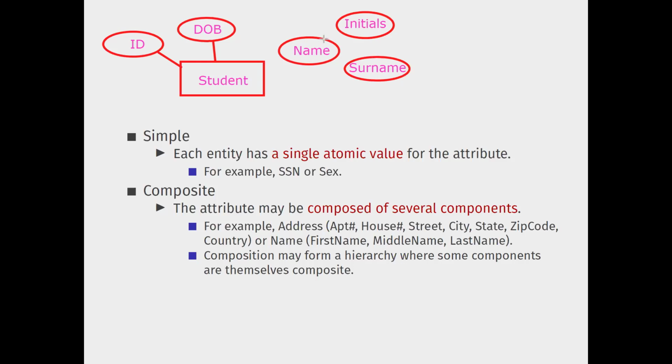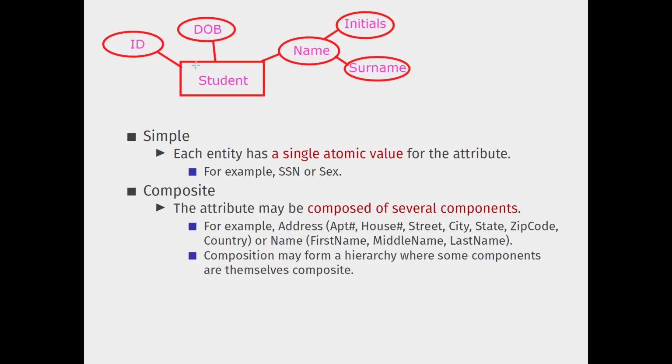You have initials and you have surname. And you connect the name to student. So what this means is, when you have several components in the attribute, this becomes a composite attribute.